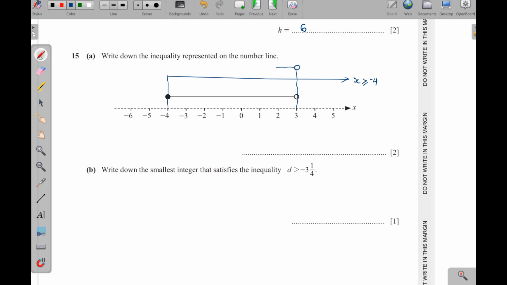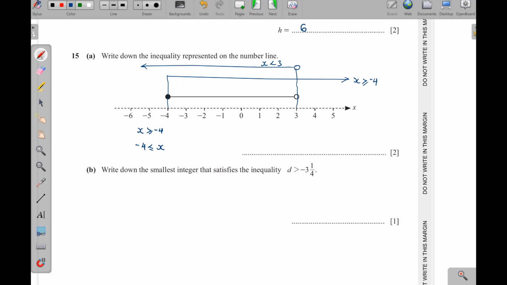Okay, then it comes this other side. So we are having x here less than what? Less than 3. Now we are having two inequalities here. If x is greater than or equal to negative 4, that means negative 4 is less than or equal to x.